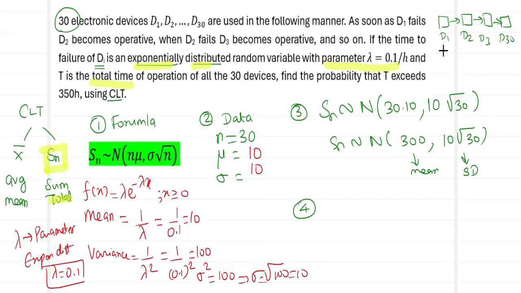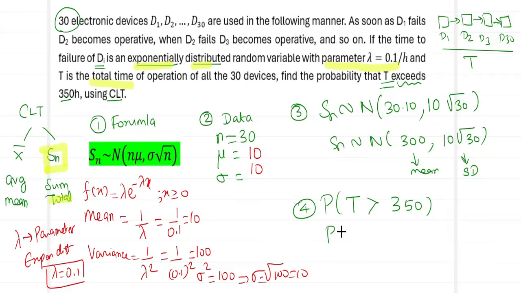So the total time of operation of all the 30 components is my T. They have asked what is the probability that this total time of operation T exceeds, meaning greater than, 350. So now the problem is to identify the probability of T greater than 350.